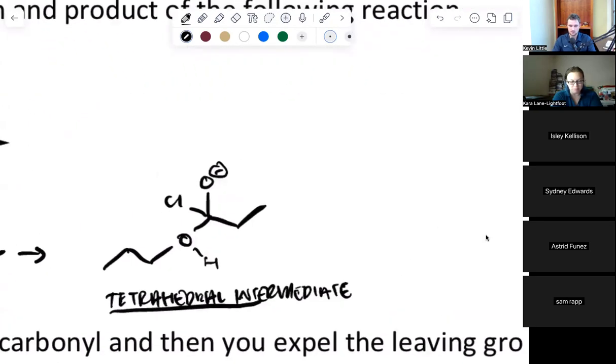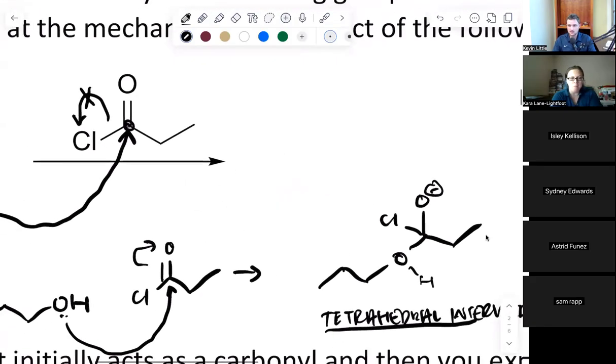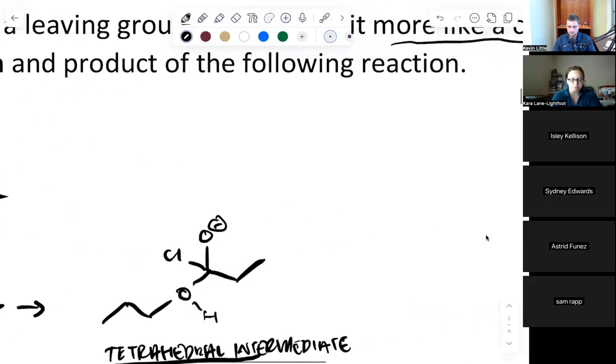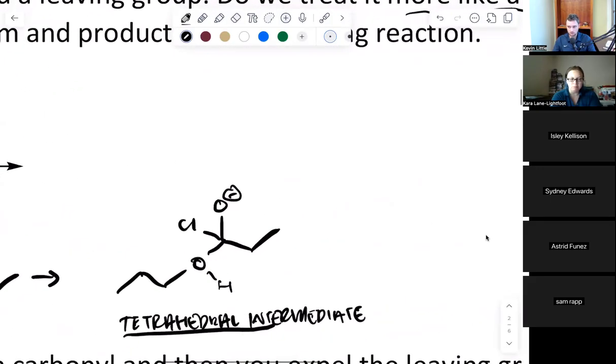So what I mean by that, I add into a carbonyl. I broke the carbonyl. Every time you break a carbonyl from now on, I want you to think, can I reform this carbonyl? Well, the initial answer is no, this carbon's got 4 bonds. But can I break a bond to make room for this carbonyl to reform? Do I have something I can kick off? Do I have a leaving group?